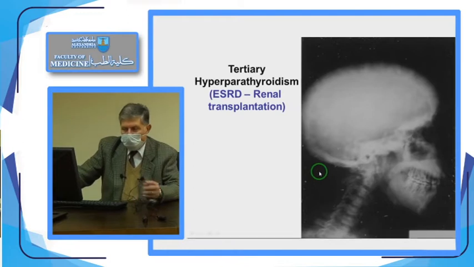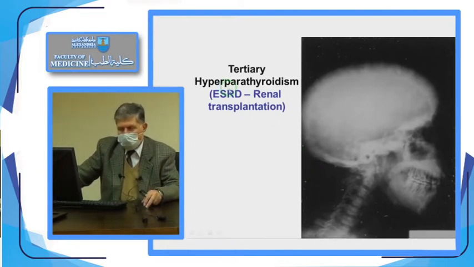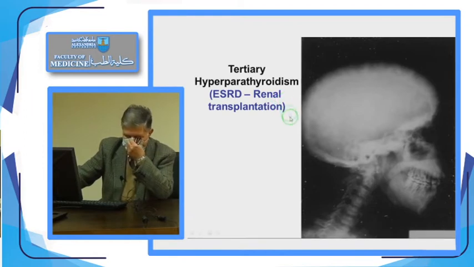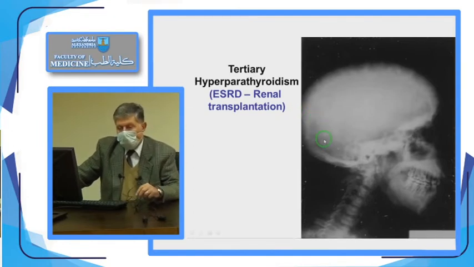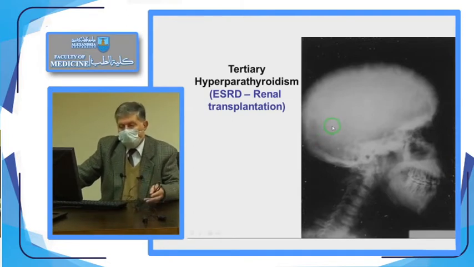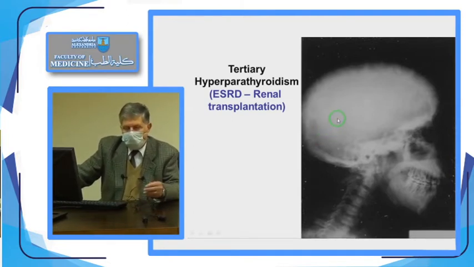So sometimes in patients with chronic kidney disease, especially with end-stage renal disease on renal dialysis or after renal transplantation, apart from hyperplasia of the 4 glands, one or more of the glands develop what we call autonomous adenoma, and this will get a very high elevation of PTH.